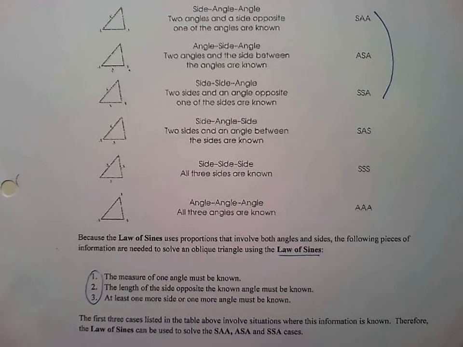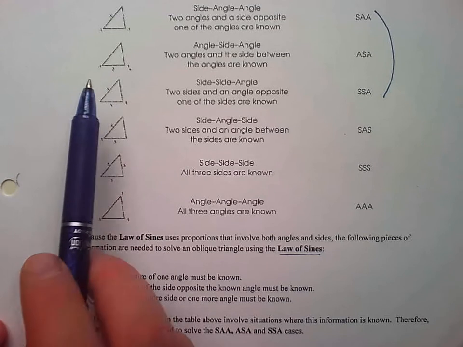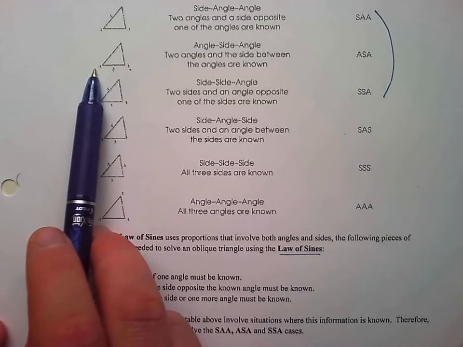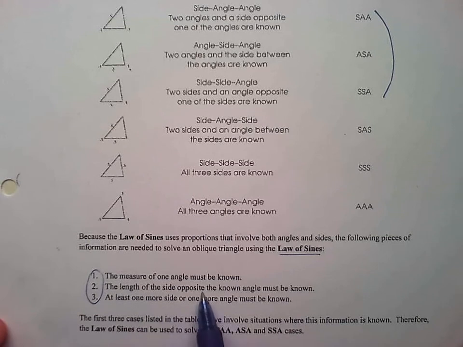Now, let's briefly take a look at the length of the side opposite the known angle must be known. Here, for side angle, we don't know the length of the side opposite the known angle, right?